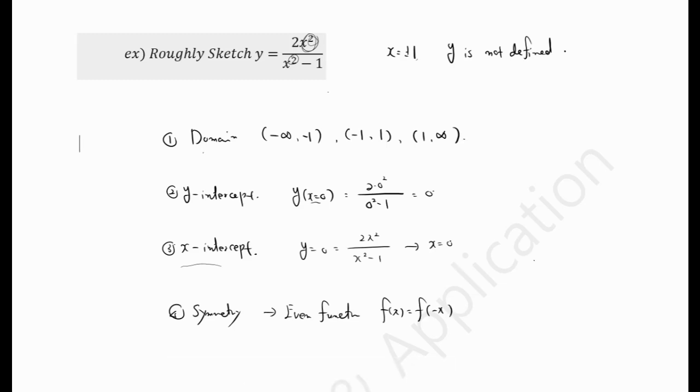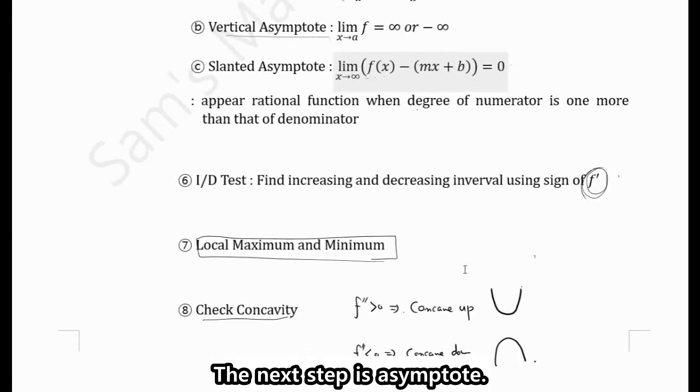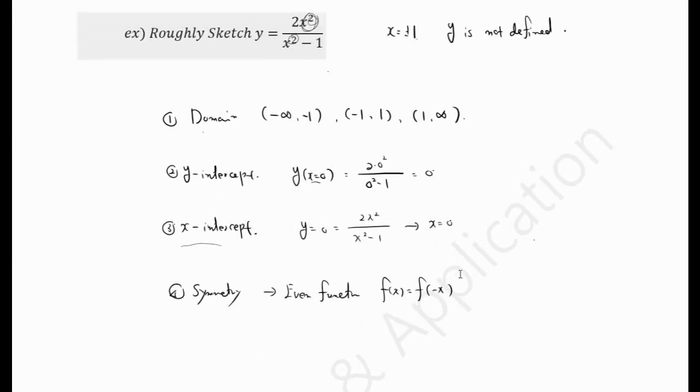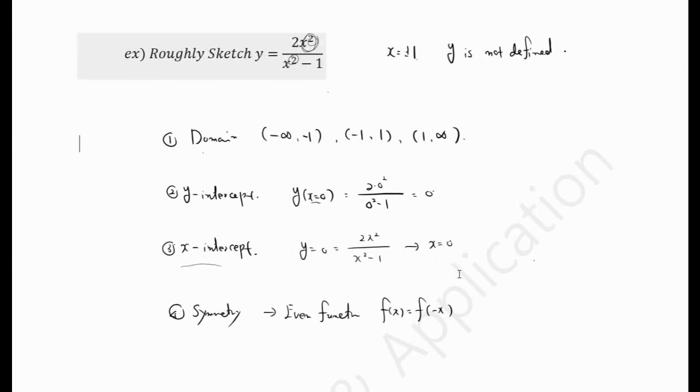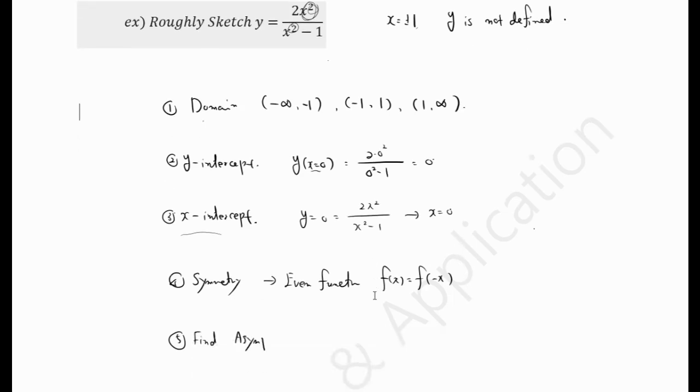This is an even function. Next step is asymptotes. Step five is to find the asymptotes.